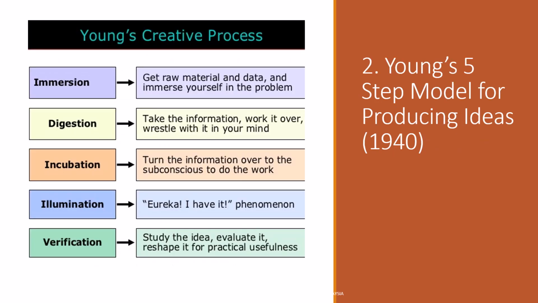Next is the Young model. Young stated here there are 5 phases of the creative thinking process. Start with immersion, digestion, incubation, illumination, and verification. Immersion means you need to gather all the data, material, and maybe all the information about the problem.